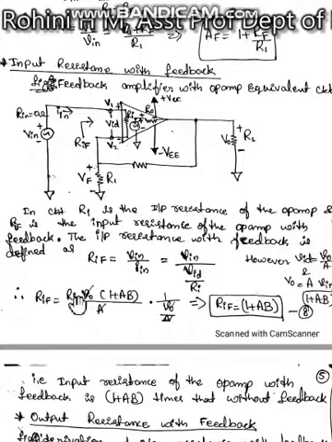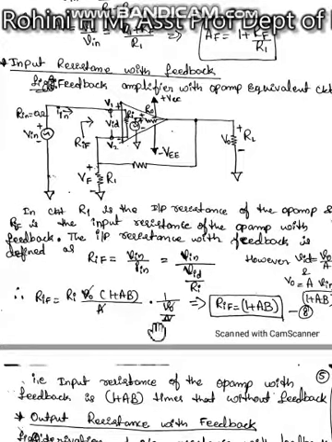Then V in can be written as V out into 1 plus A beta divided by A, and VID can be written as V out by A. So this A cancels.